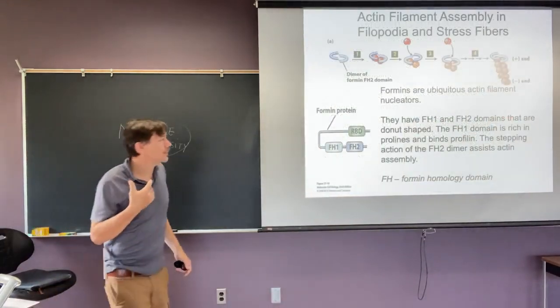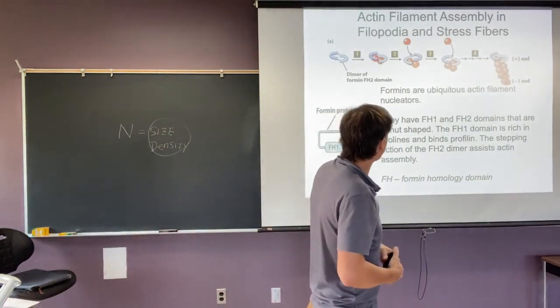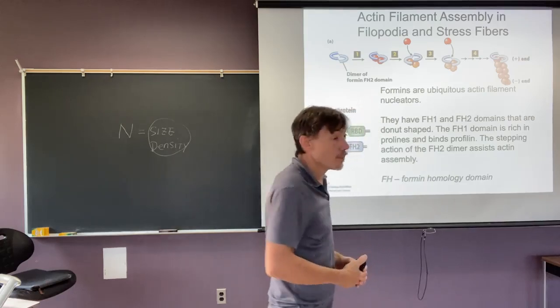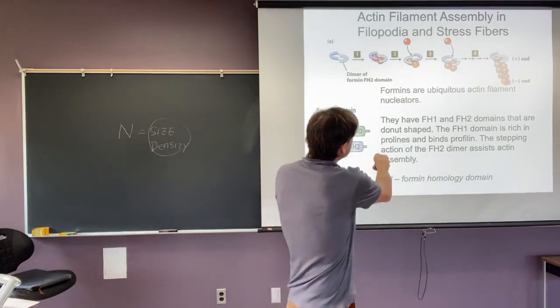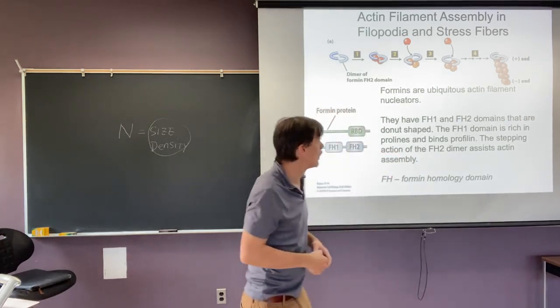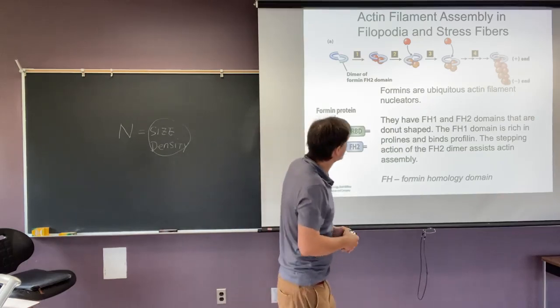So we've talked about profilin, we talked about cofilin. One of the proteins that is important for modulating and regulating actin assembly are the formins. They are ubiquitous, which means they're everywhere, and they have two domains.